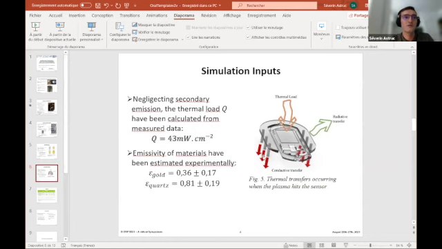It's low, but the sensor is very tiny, only 1 millimeter in length, so it can increase the temperature largely. The main parameter for the radiative transfer is emissivity, which normally we don't know, so we estimated experimentally 0.3 for the gold and 0.8 for the quartz.